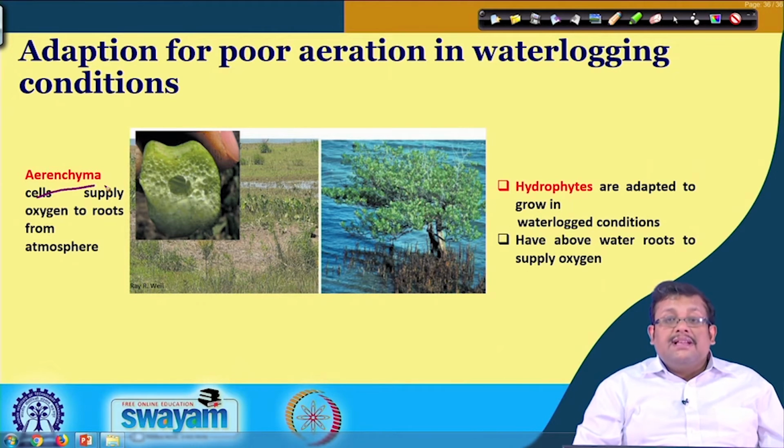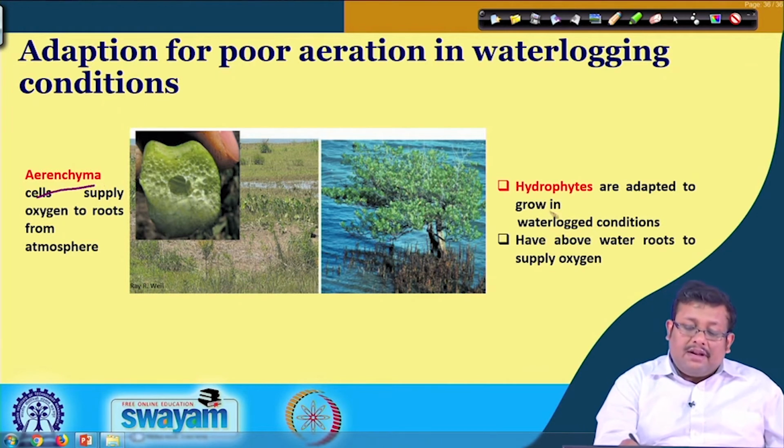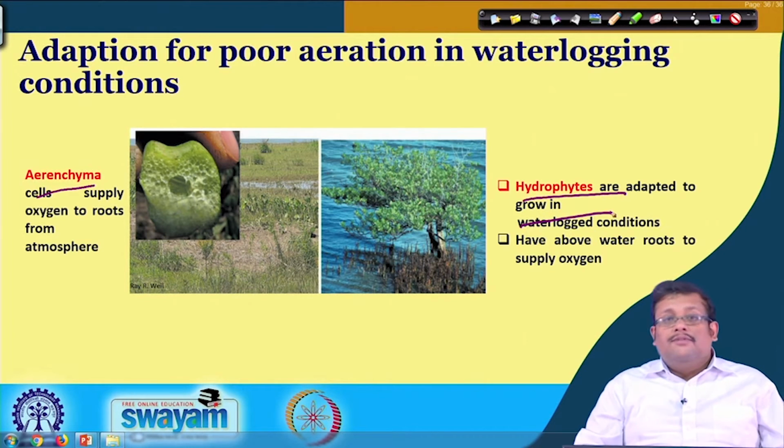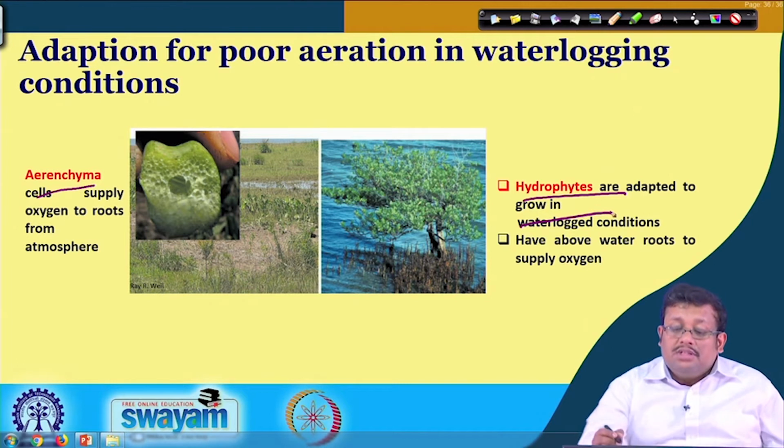So they can survive in waterlogging condition. You will see this type of plant in mangrove forests. This type of adaptation plants have made for dealing with poor aeration condition in the soil.